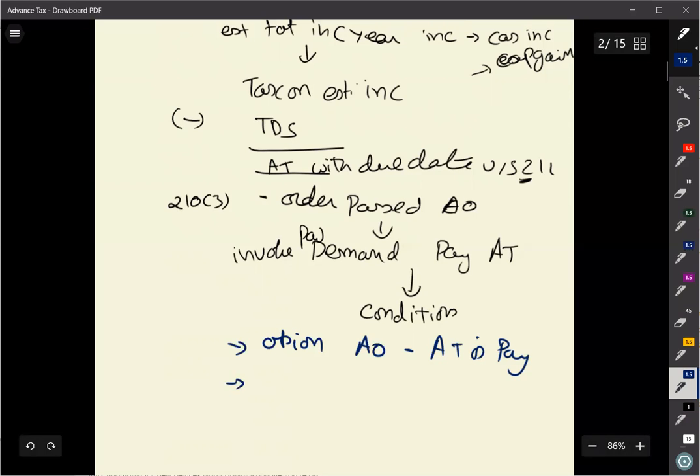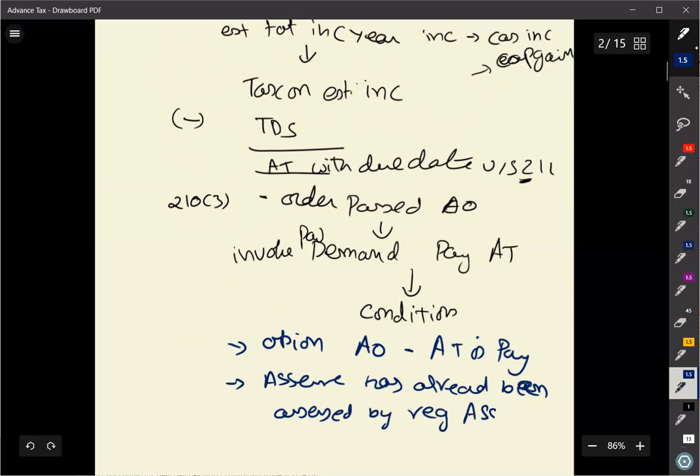Now, whichever assessee has not paid the tax, such an assessee has already been assessed by regular assessment in any previous year.